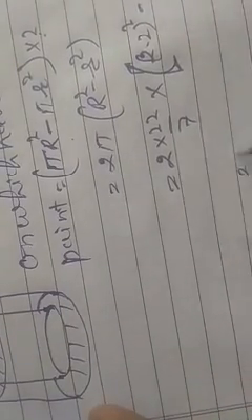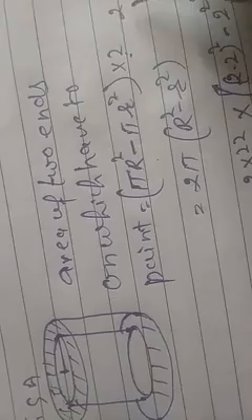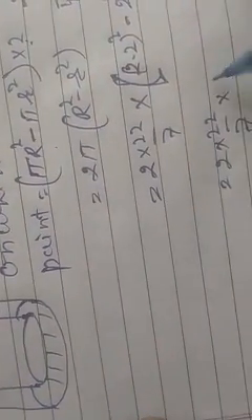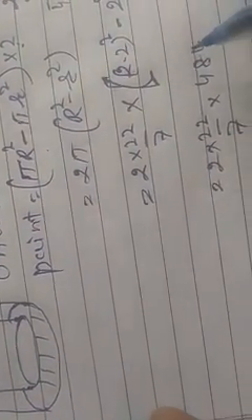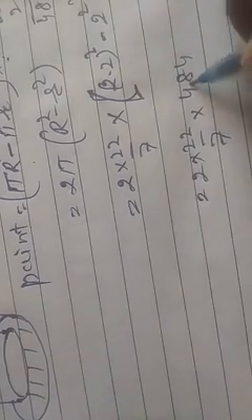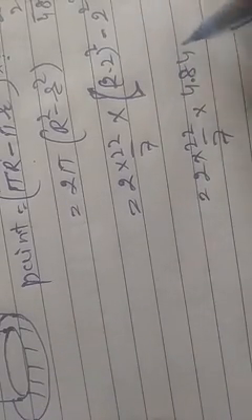Then this one is 22 square, 484. Then we take the decimal before 2 digits, minus 4, and the calculation of this will be 2 into 22 by 7 into 0.84.